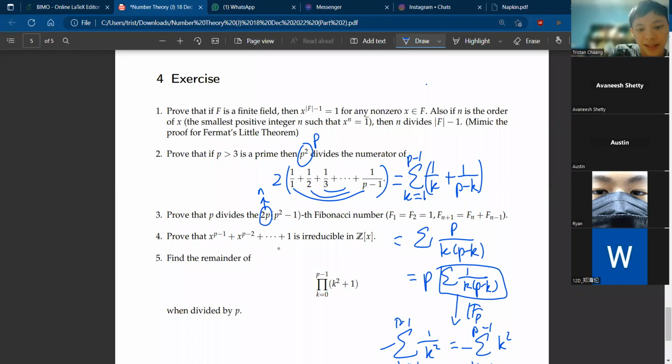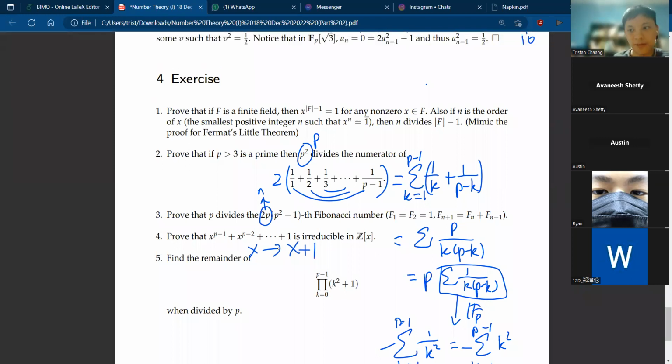The trick is to switch from x to x plus 1. If you switch from x to x plus 1 and you expand, you would get that the coefficients are all multiples of p, and then it will satisfy Eisenstein's criterion.